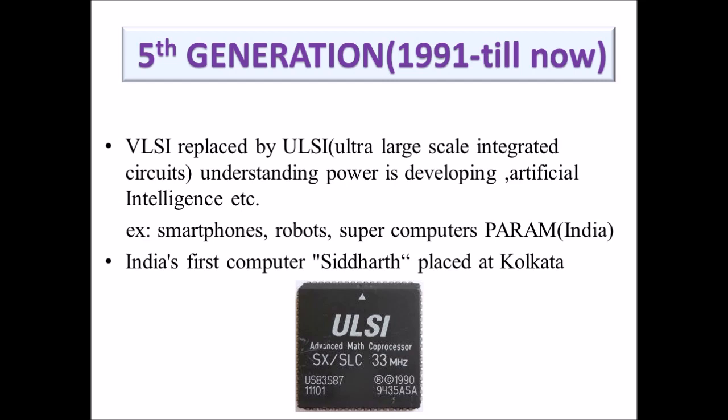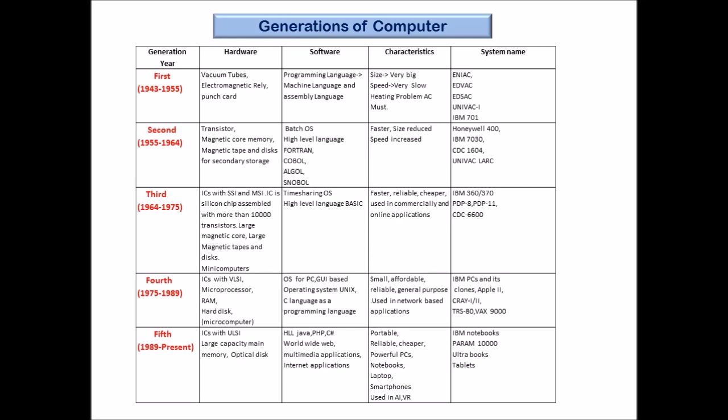Here you can see a glimpse of the whole generations of computers, from first generation to fifth generation. Basically, in generations we consider four things. First is hardware. Here you can see the hardware components: first generation, vacuum tube; second generation, transistor; third generation, ICs; fourth generation, ICs with VLSI; and fifth generation, ICs with ULSI.